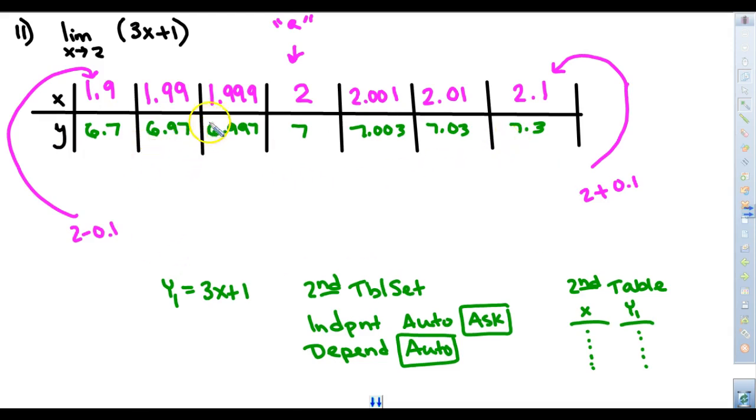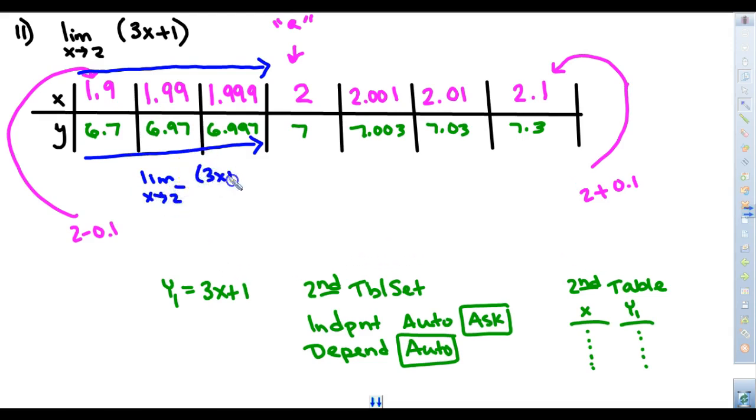Now, remember these numbers are on the left side of 2. So ask yourself, here's your X. As X approaches 2 from the left, what is Y approaching? It's approaching 7. So your limit as X approaches 2 from the left of 3x plus 1 is equal to 7.